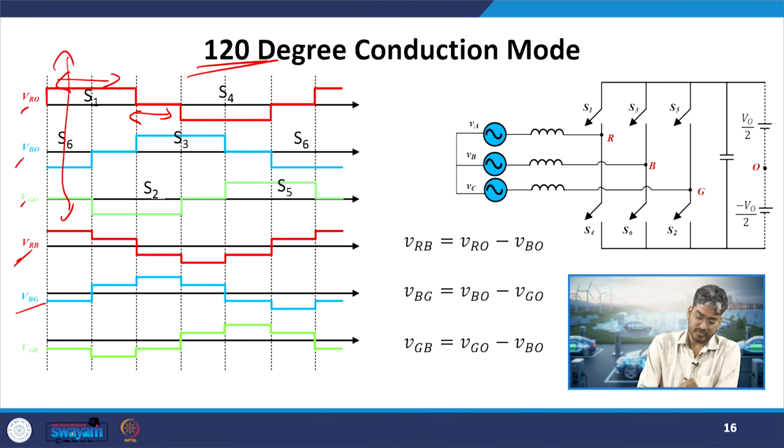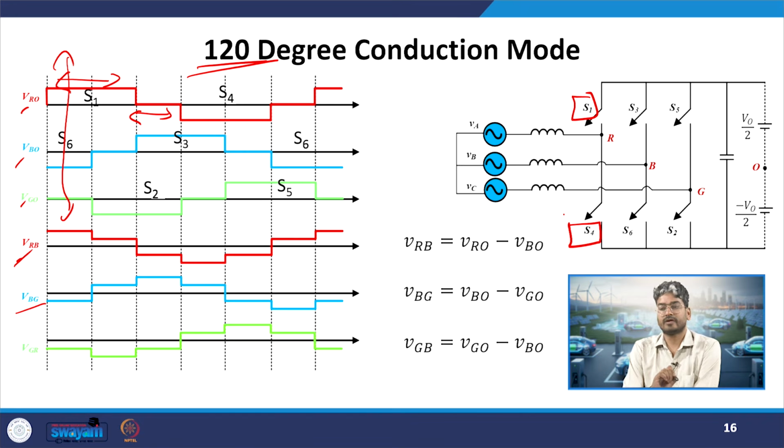What are the merits and limitations of this method compared to the previous one? Here we have reduced the conduction time from 180 to 120 degrees. In the previous case, we had complementary operation, that is, the moment the top switch of that leg was turning off, we were turning on the lower switch at the same point of time. So, there was sudden switchover of devices. If you see S1 and S4, they are connected in the same leg.